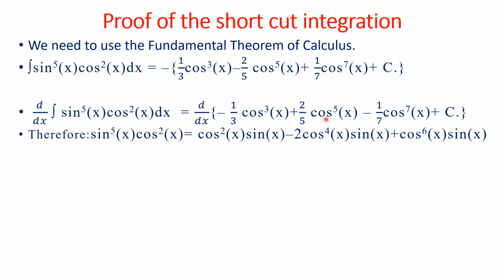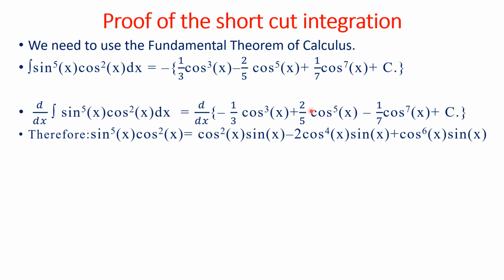Likewise, by the chain rule, 2 over 5 cosine to the power 5 x, its derivative will be equal to 2 cosine to the power 4 of x and then sine x. In the same manner, first we get the derivative of the outside, which will give us 5 cosine to the power 4.